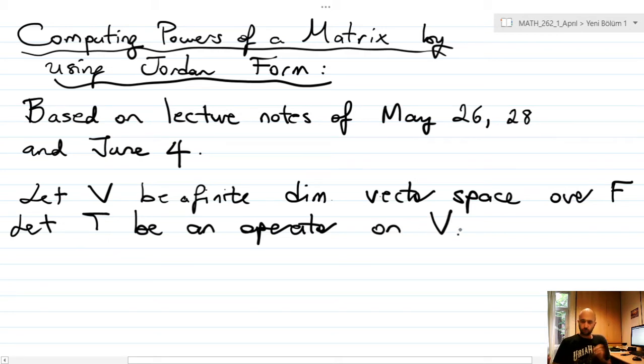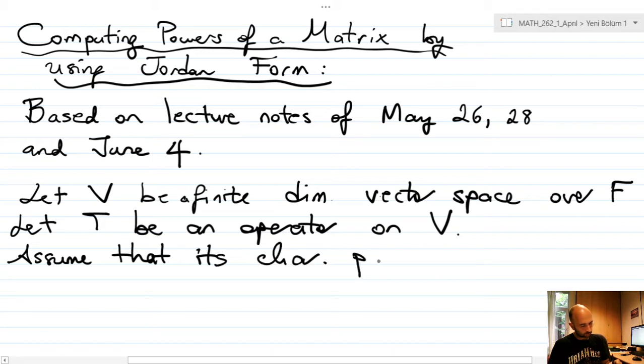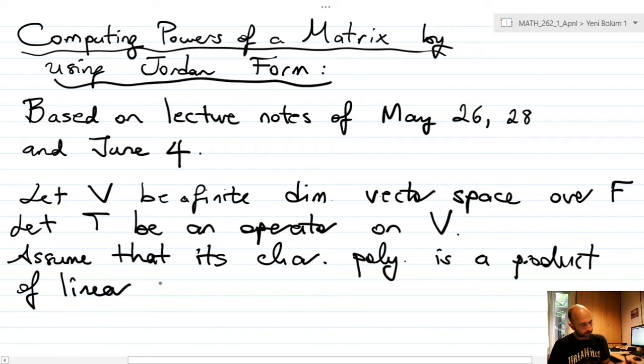We have one condition on T. Assume that its characteristic polynomial is a product of linear factors in F[x].